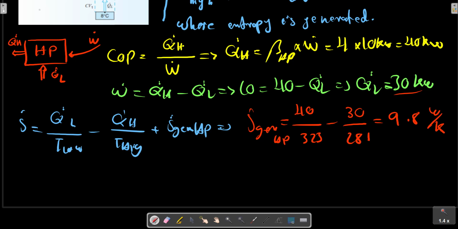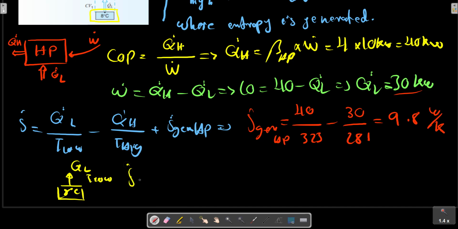Now consider the underground reservoir. We have a Q dot L here, at 8 degrees centigrade, to T low.